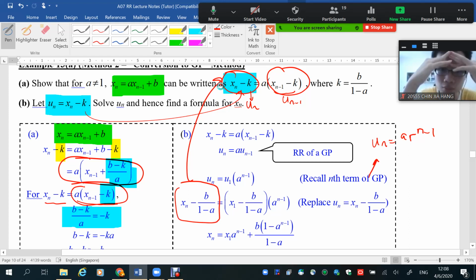This result here is equal to this one. u1 is actually x1 minus b over 1 minus a. So far so good. Multiply by my a to the n minus 1.